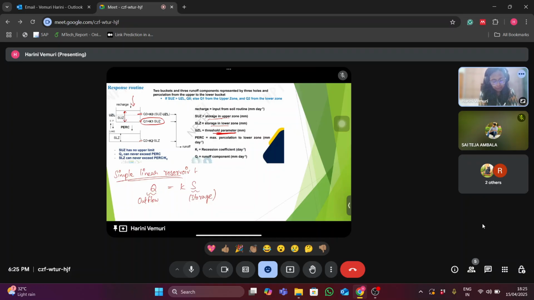by a process called percolation. In the case of the second zone, there is no upper limit, and whatever water comes into this lower zone will contribute to the runoff as Q2 equal to K2 into SLZ. Generally Q2, the runoff from the second bucket, will never exceed the percolation capacity of the soil, because SLZ can never exceed percolation divided by K2.